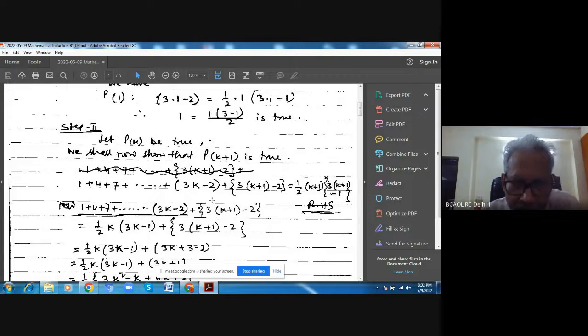Here actually you are adding one after that. Consider the 1, then after it 4, then 7, like this, there is a previous term before. We are just adding these additional things.